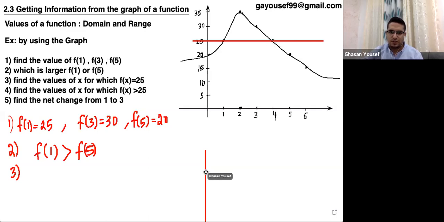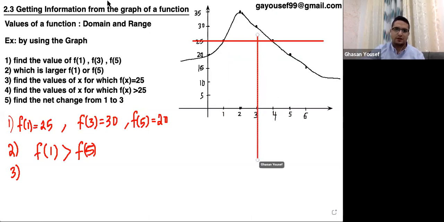At this point the x value is 1, and at the second point the x value is 4. So both of the points are 1 and 4. You should say x equals 1 and x equals 4, like this.